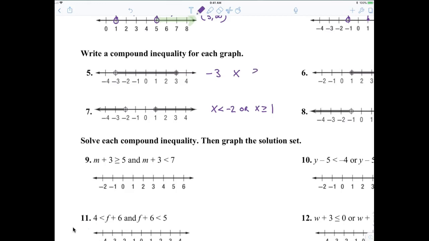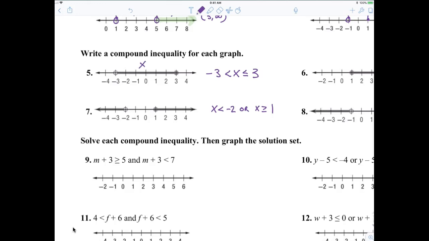Now, what I'm trying to convince you of, do you agree that means x is between -3 and 3? Right? So x has to be less than or equal to 3 and greater than -3. Now listen, because what I said is not what I wrote, and I didn't make a mistake. So x is somewhere in the middle.